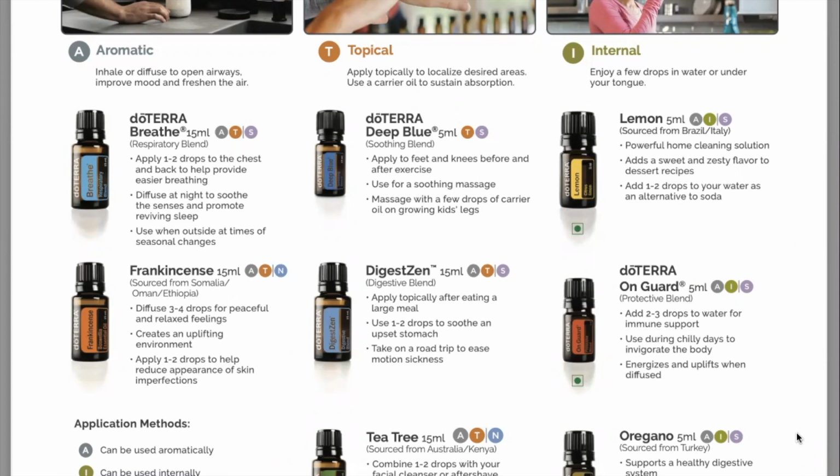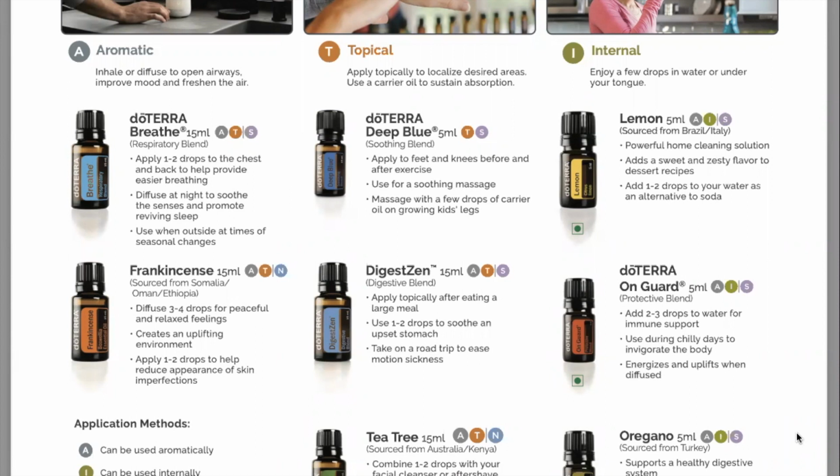The Digestion blend. In India, almost, I would say 1 person in every family usually has some type of digestive issues, whether it's gas, bloating, upset stomach. This is a great one where a couple of drops can be added internally and sipped on throughout the day into your water, into a spoon of coconut oil, or however you'd like to internally take it, or adding a couple drops with some carrier oil and massaging it across the belly.